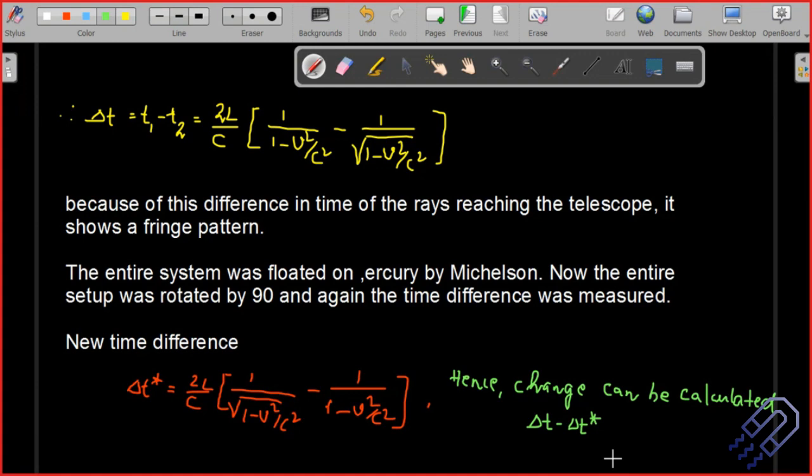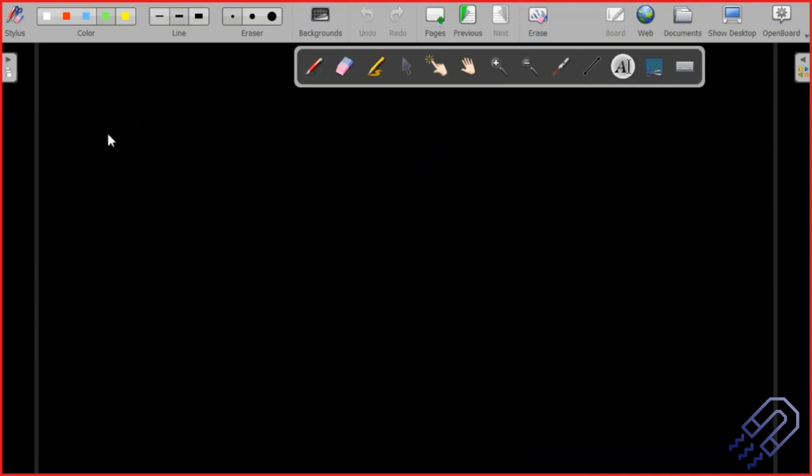Now the point here is that if there is a change between delta t and delta t star, then there will be a shift in the fringe pattern also. That's logical, right? You have the fringe pattern because of delta t. If you are changing the entire system setup and that time difference also changes, it means that the fringe pattern should also shift. Let me just put it in sentences so that you can understand it better.